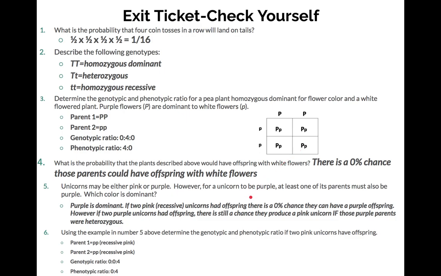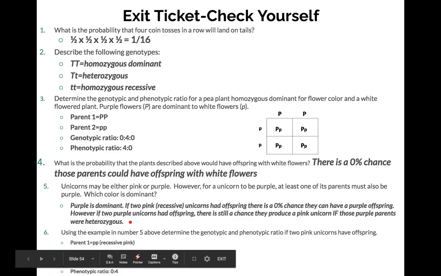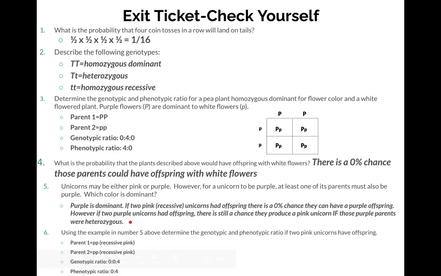Number 5, so unicorns can be either pink or purple, but for a unicorn to be purple, at least one of its parents also has to be purple. So purple would have to be dominant, and this can be kind of confusing, but think of it like this. If we had 2 pink recessive unicorns and had offspring, there's a 0% chance that they will ever have a purple offspring. However, if 2 purple unicorns had offspring, there is still a chance that they could produce a pink unicorn if those purple parents were heterozygous.